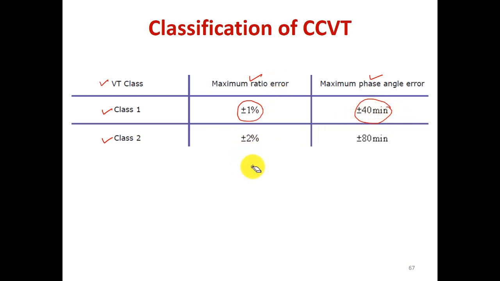So what is plus minus 40 minutes? If we convert it into degrees, 1 degree is equal to 60 minutes. So 40 minutes will be equal to how much? It will be equal to 2/3 of a degree.